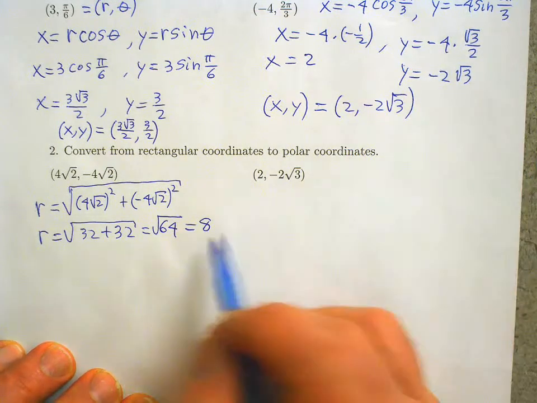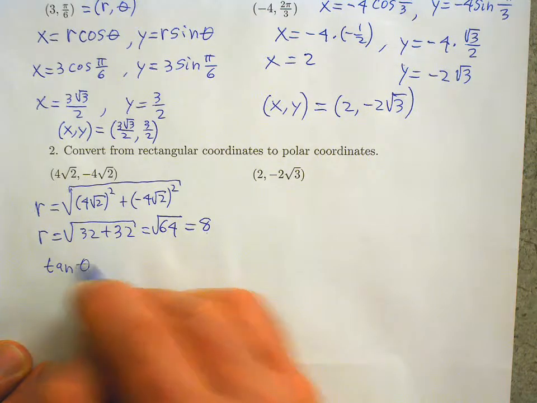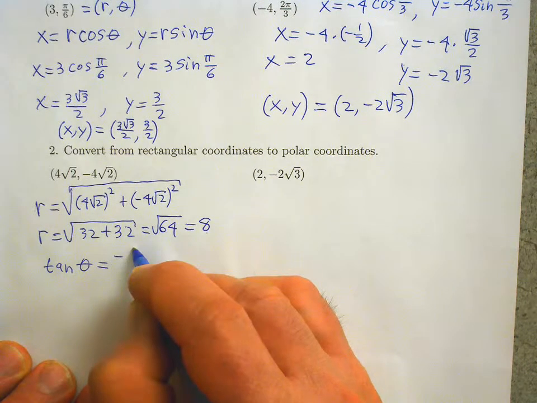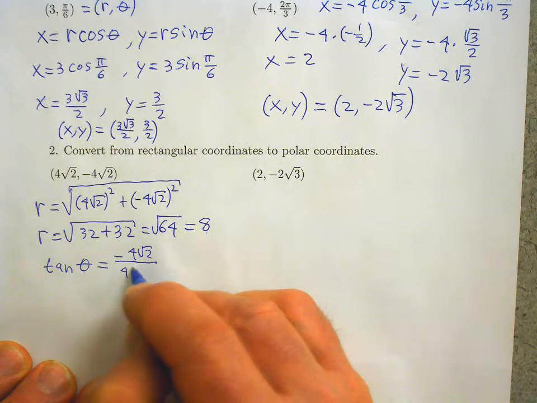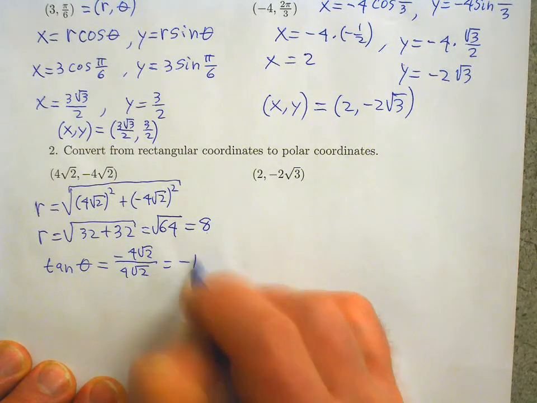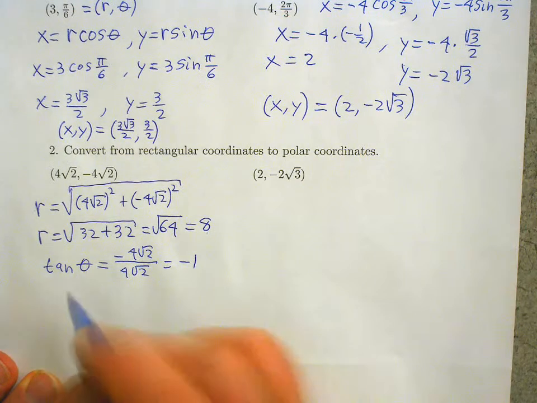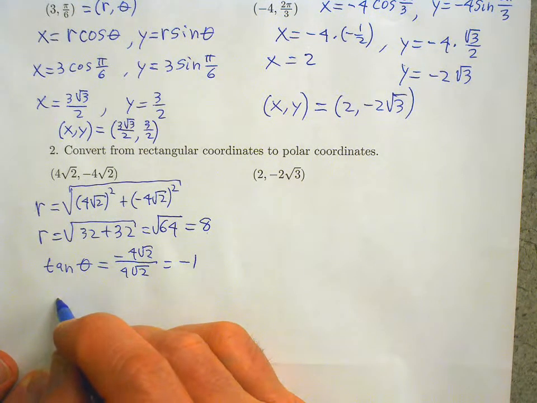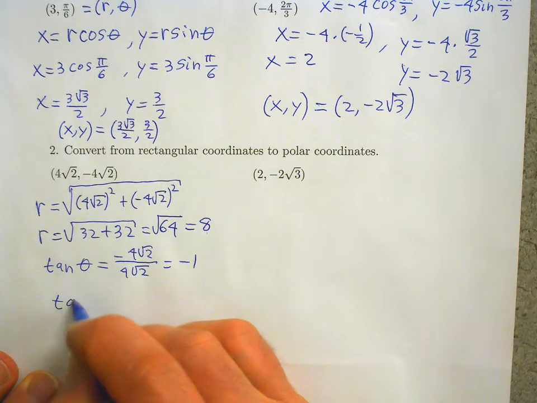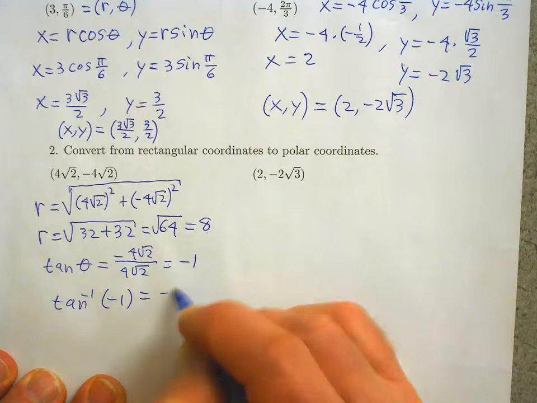Okay, so the value of r is 8, and tangent of theta is negative 4 times the square root of 2 divided by 4 times the square root of 2, which is negative 1. And so theta is in the 4th quadrant. So the inverse tangent of negative 1 is negative pi over 4.